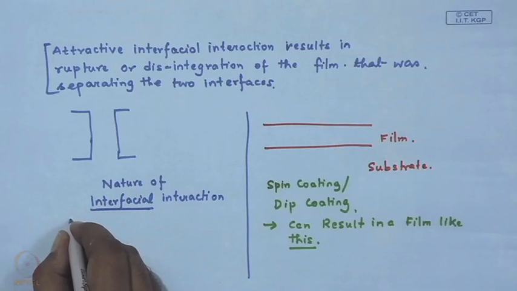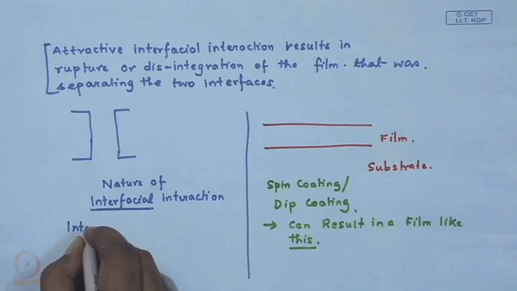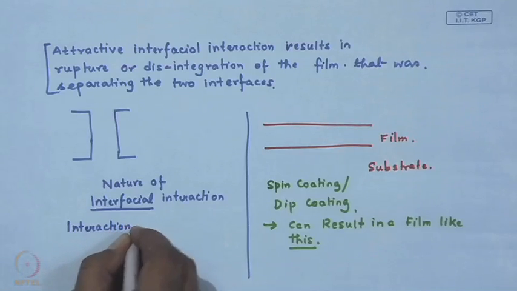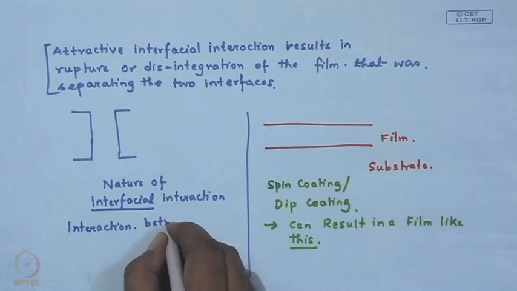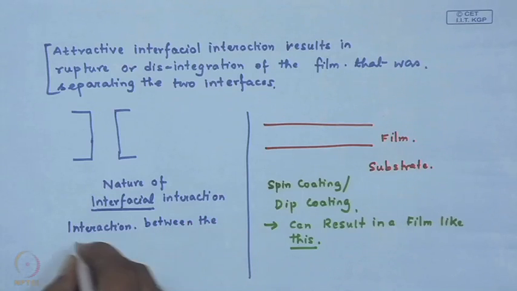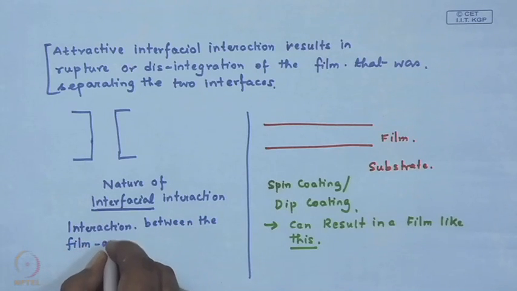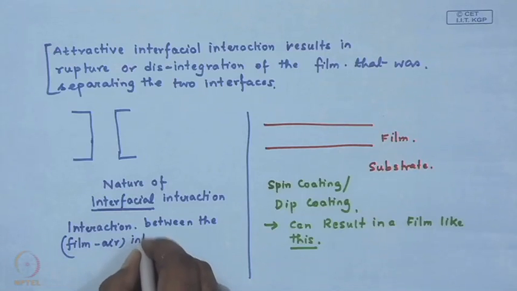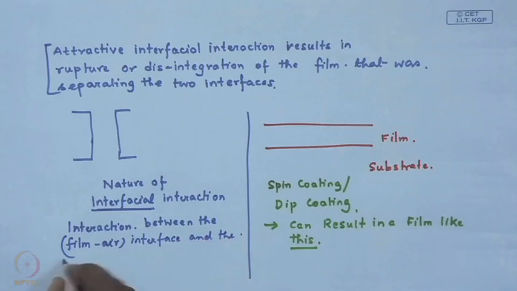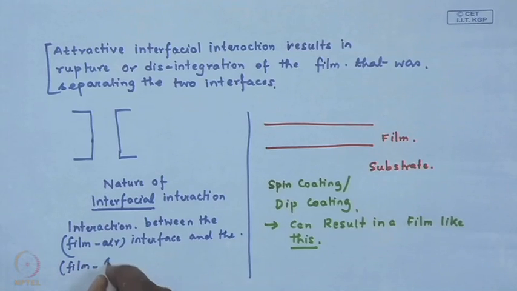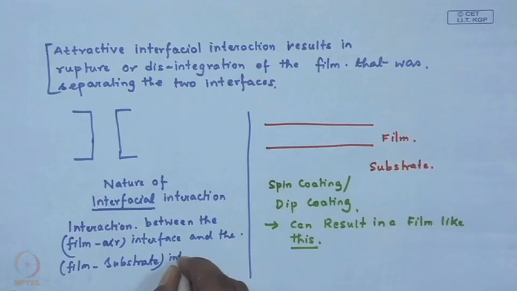It is whether the interaction between the film-air interface and the film-substrate interface is attractive or repulsive.